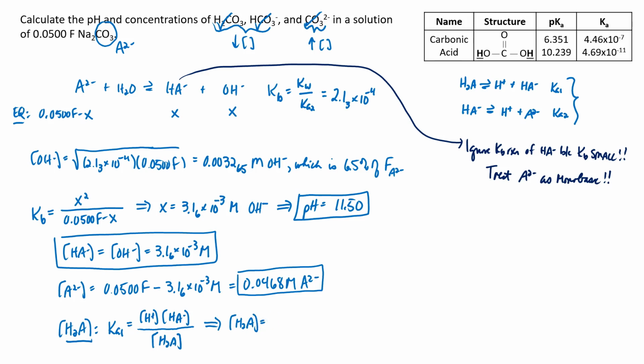H2A you should get is equal to 2.2 with an insignificant 4 times 10 to the negative eighth molar, which is small.